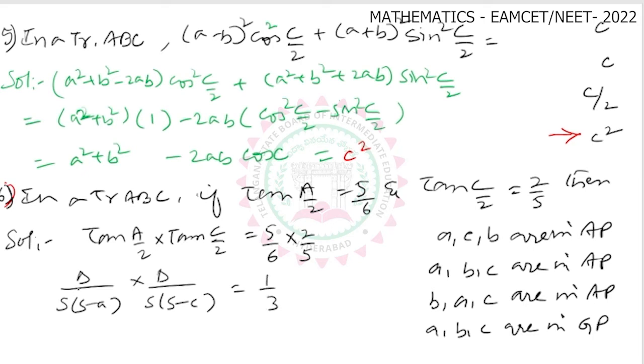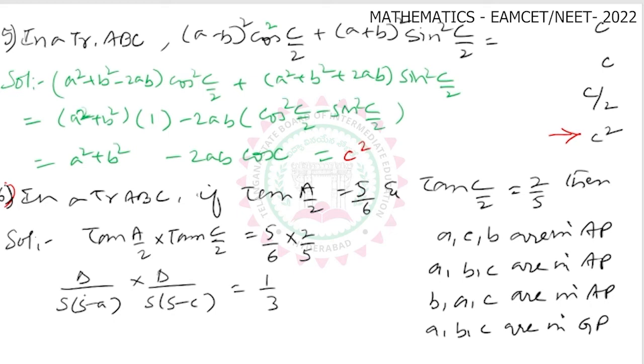So, what is this? Delta into delta, delta square. Delta square is nothing but S into S minus A into S minus B into S minus C. So, I am writing that value.